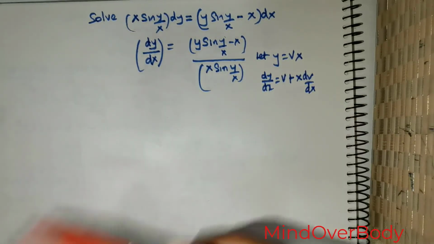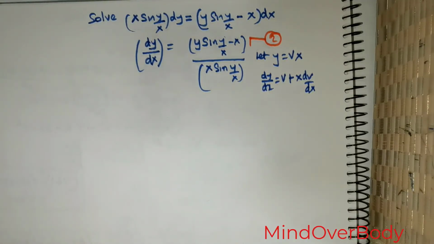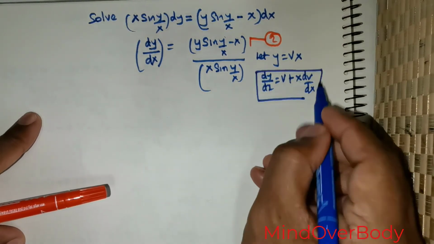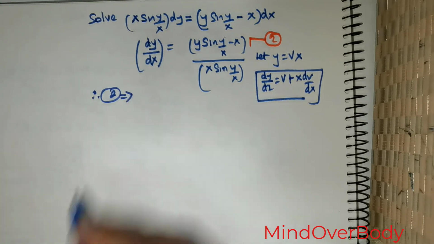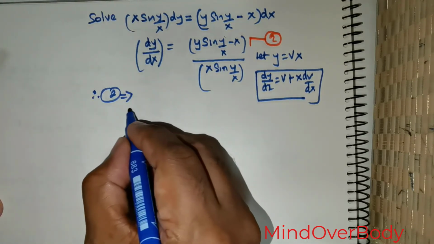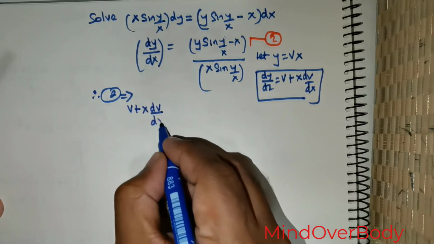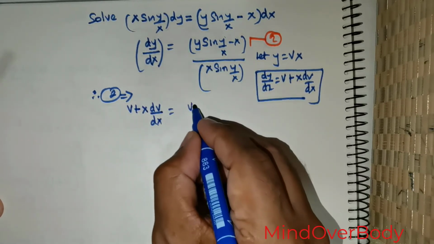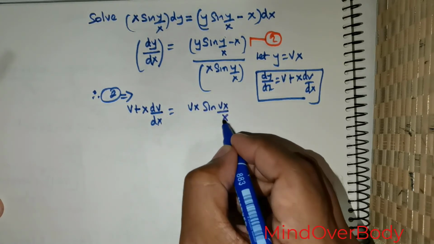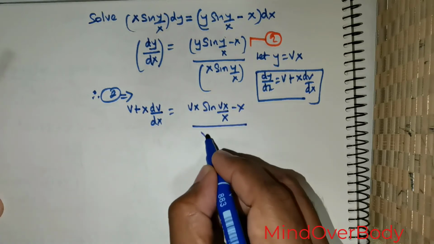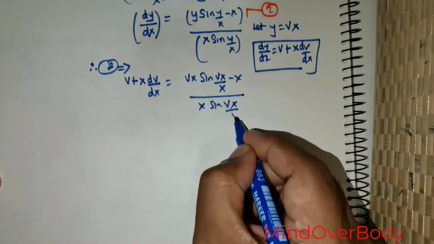So if I were to take this as 2, then I would be substituting this in 2, so therefore I can rewrite 2 as, in place of dy over dx, it's going to be v positive x times dv over dx is equal to, in place of y I will substitute vx, so it's going to be sine of vx over x negative x divided by x times sine of vx over x.